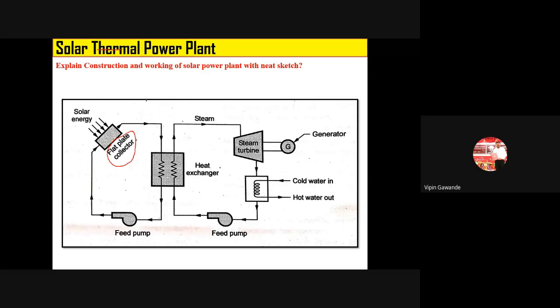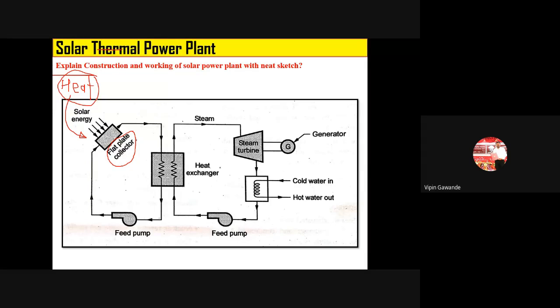For all three of these power plants, what is the basic principle? The generation of heat. In case of thermal power plant, this heat is generated in the boiler. In case of nuclear power plant, it is generated in the nuclear reactor. And in case of solar thermal power plant, this heat is trapped in the flat plate collector.